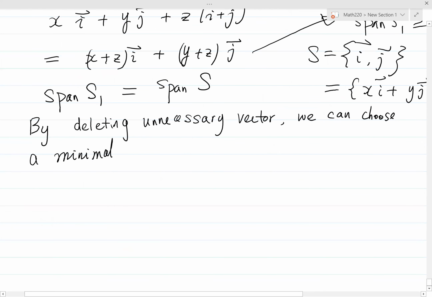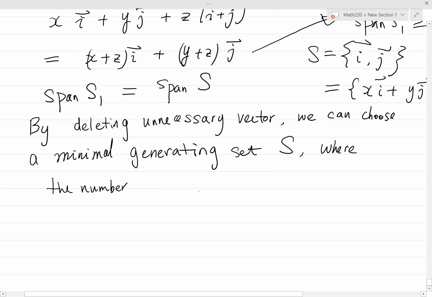We can find a minimal generating set S. Then the number n, defined as the number of vectors in S, is unique.